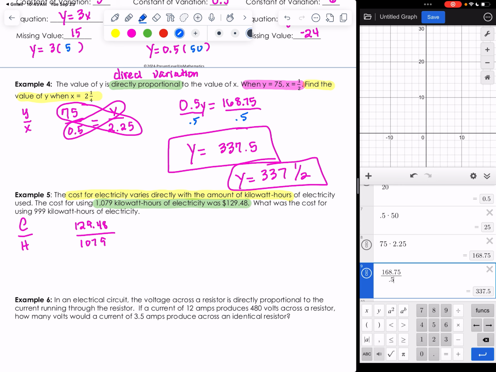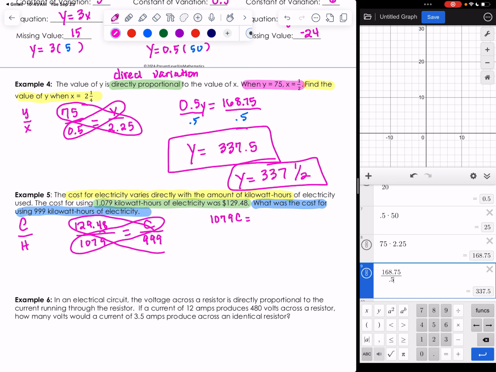Now let me grab a different color highlighter here. How about blue? What was the cost for using 999 kilowatt hours? So in our proportion, we do not know the cost, but we do know the number of hours was 999. All right, once you have your proportion set up, now we can cross multiply. So 1079 times C is 1079C.